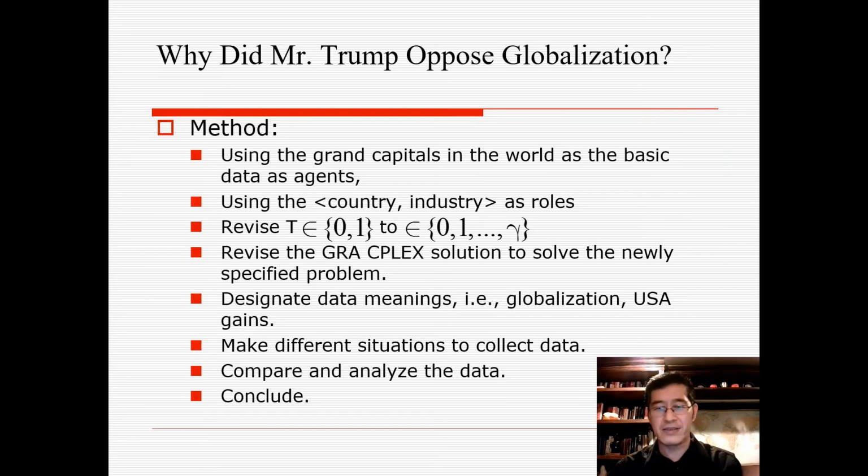And the second simulation is why Trump opposed globalization. I still use GRE, but this time I use investment, the investment of the big capital, the giant capital in the world, as the agent. For roles, I use country and industry.